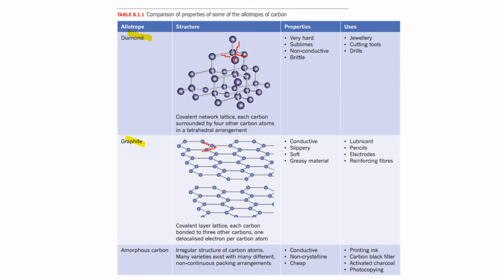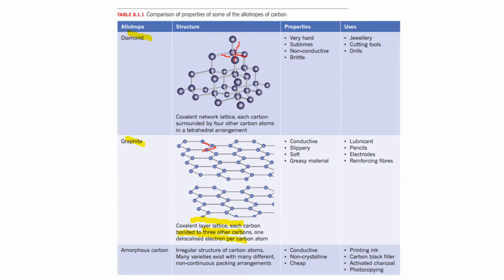But in general, as stated here, it is a covalent layer lattice, each carbon bonded to 3 other carbon atoms, with 1 delocalized electron per carbon atom. There's something called a delocalized electron. A delocalized electron means the electron is in a way dangling on the surface of the carbon. Because, as you're probably aware, carbon is in group 4, it has 4 valence electrons. So if one carbon is being bonded to 3 other carbons, technically some of these carbons do have delocalized electrons.